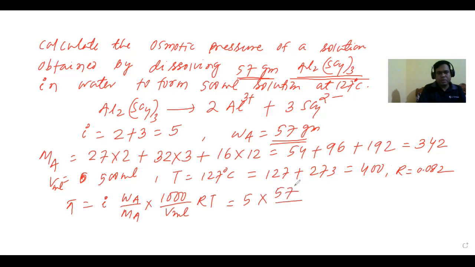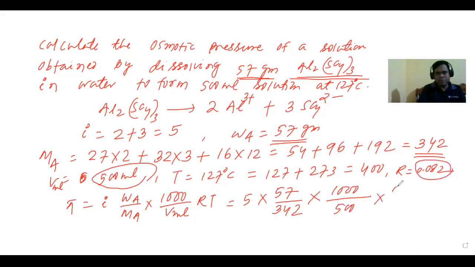So 57 by 342, molecular mass is 342, into 1000 by V in ml. V is your 500 ml, so into 500, into R. R is 0.0821, into T. T is your 400.